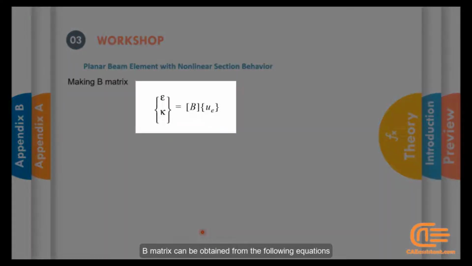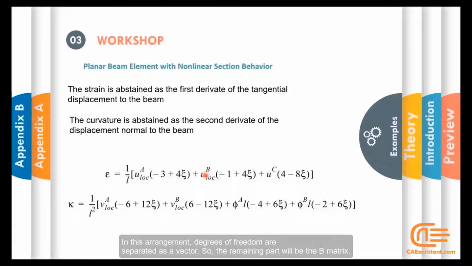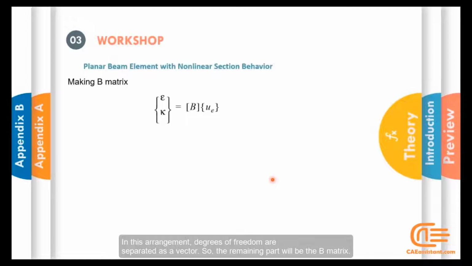The B matrix can be obtained from the following equations. In fact, the B matrix is calculated by arranging the equations in previous slides. In this arrangement, the degrees of freedom are separated as a vector, so the remaining part will be the B matrix.